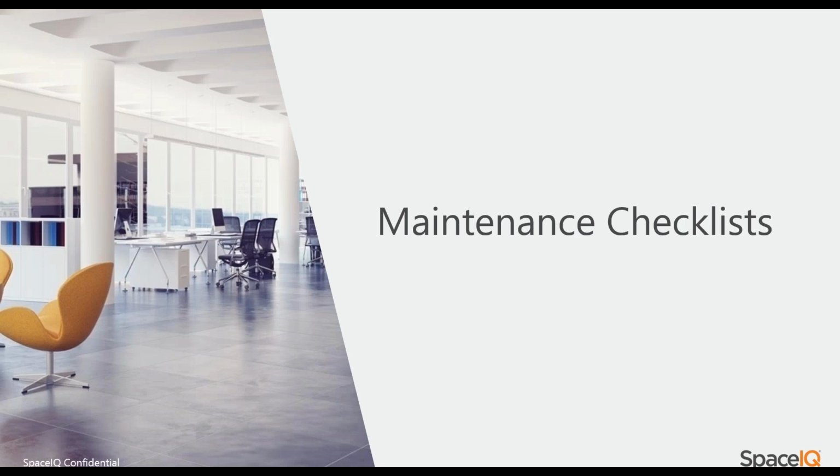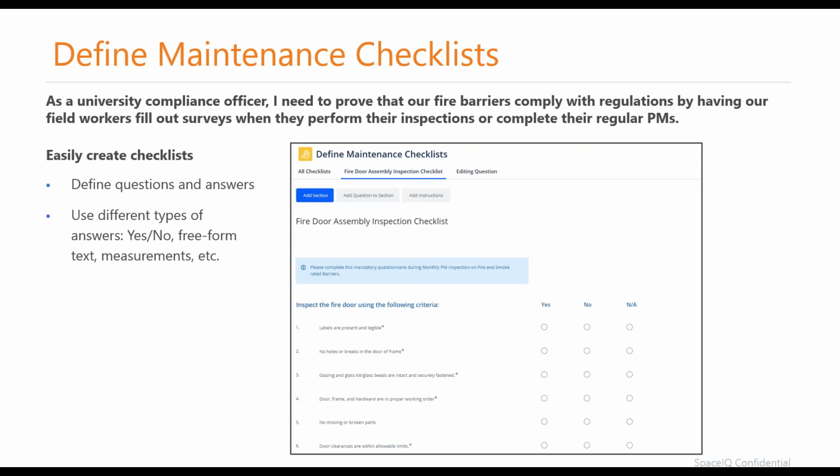So that was user-defined fields, and the next bigger piece of functionality that we want to talk about, we're really excited to roll out, is maintenance checklists. Again, like I defined user stories as examples, I'll do the same thing here.